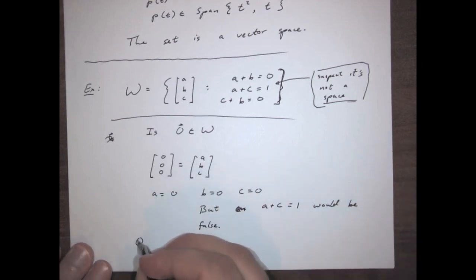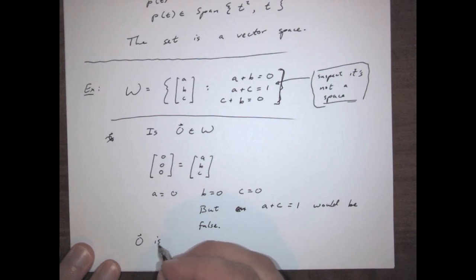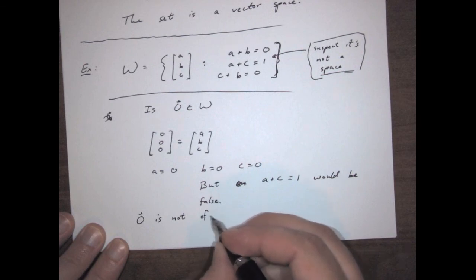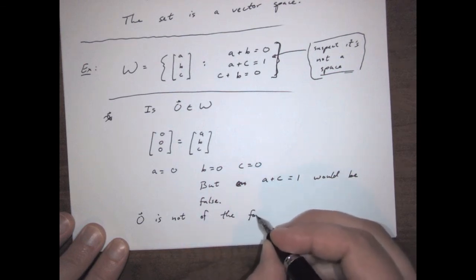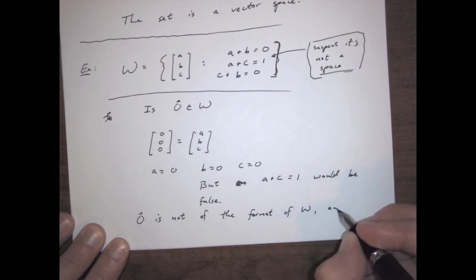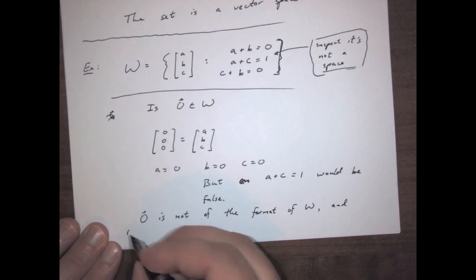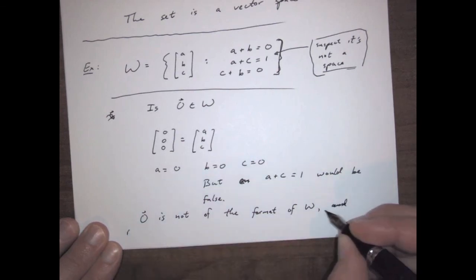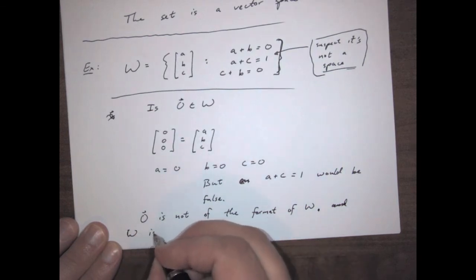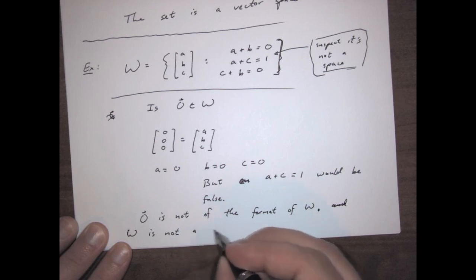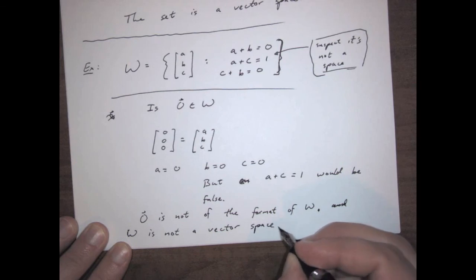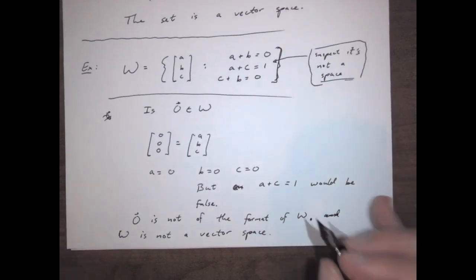So that means 0 is not of the correct format. And W is not a vector space.